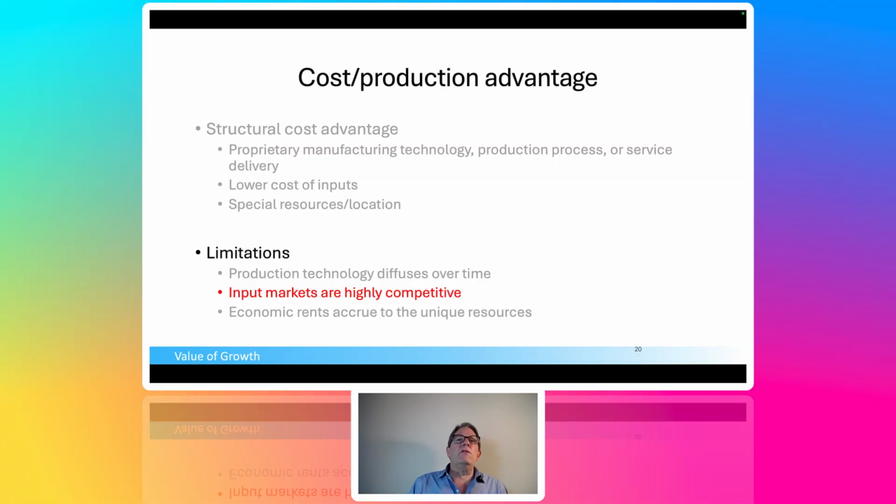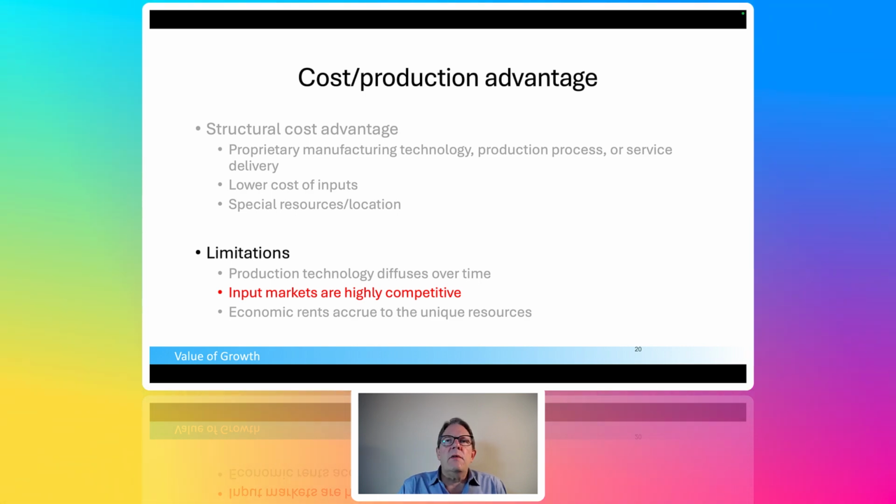So you have access to lower electricity, lower coal, lower labor costs, or something like that, at the company you're looking at. Keep in mind that those input suppliers are businesses almost always, and they're going to look for other customers. So if you have access to lower energy costs, guess what? Your competitor is going to build a factory next door to your facility to get access to that same lower cost electricity.